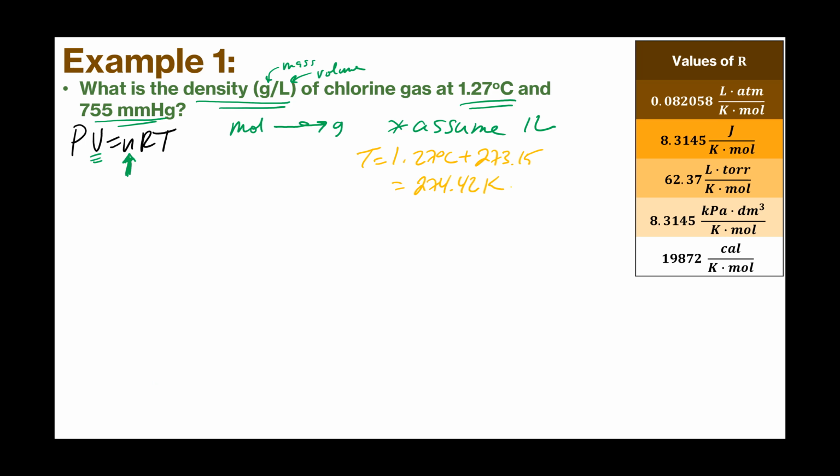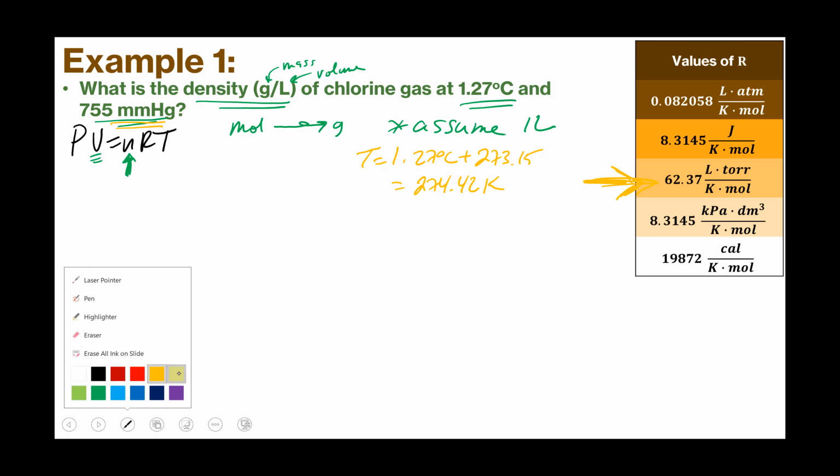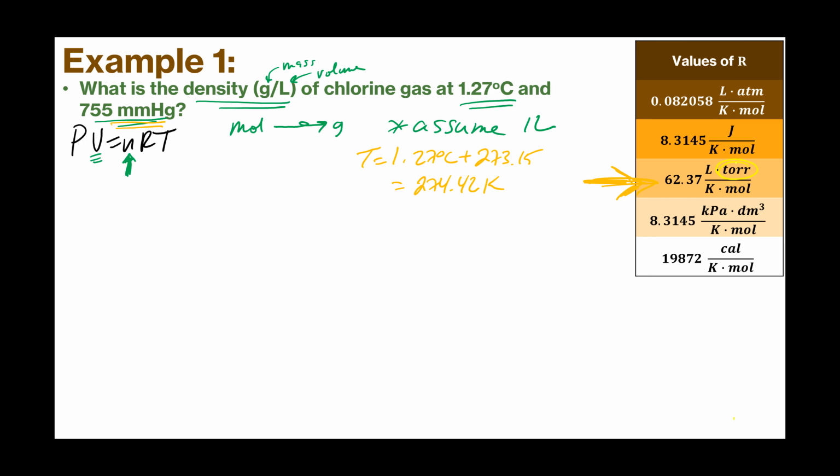We don't have to change our millimeters into atmospheres unless you really want to. You'd have to show your work for that, because we have this value of R. Remember that a torr is the same thing as a millimeter of mercury, so we can use this value here to get us through this.